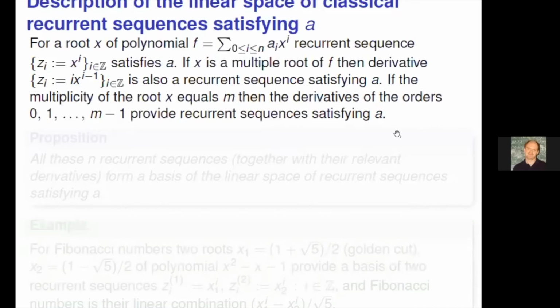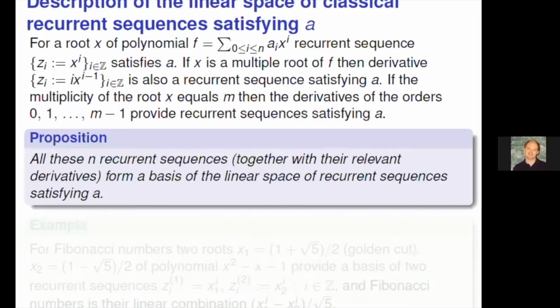And moreover, if the multiplicity of this root x is m, then we can consider m derivatives, so up to the order m minus 1, and they will provide recurrent sequences satisfying A. And the main proposition in this aspect tells you that that's it. So all the described recurrent sequences form a basis of the linear space of recurrent sequences satisfying A.